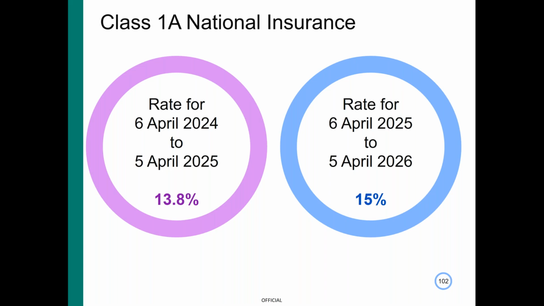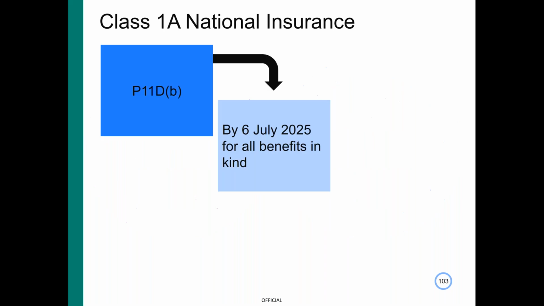By 6th of July 2025, you need to submit a P11DB giving details of Class 1A due on benefits both payrolled and those included on a P11D. If you're not payrolling benefits, the deadline for reporting any expenses and benefits you provided in the 2024 to 2025 tax year is also 6th of July 2025.